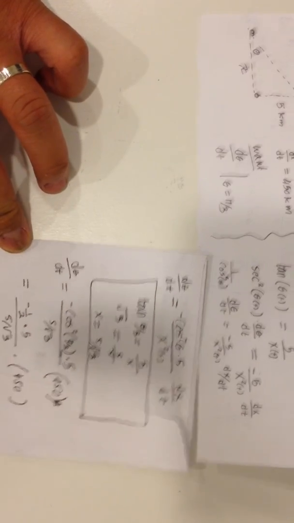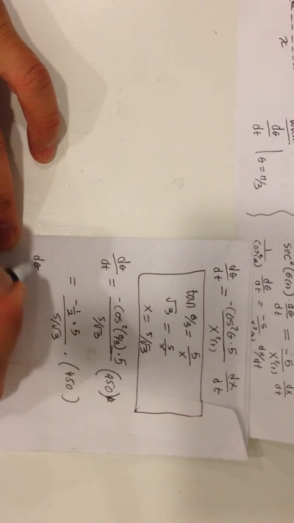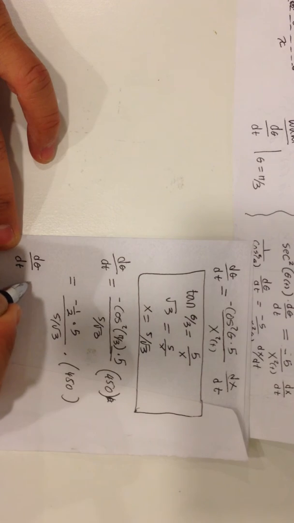Multiply all those together, and that is the change in θ with respect to the change in time.